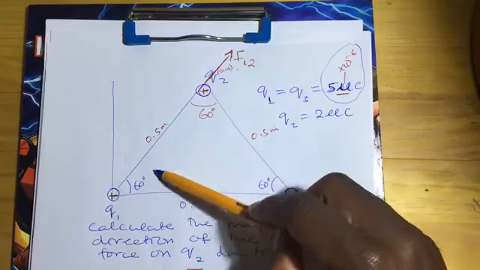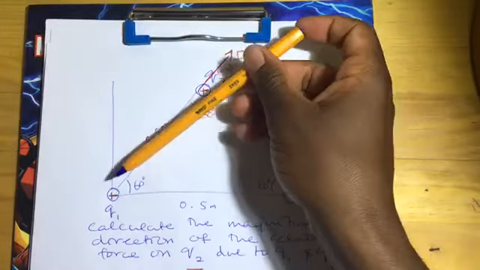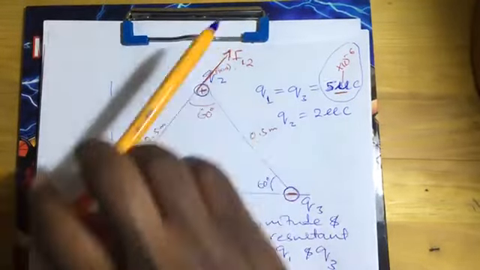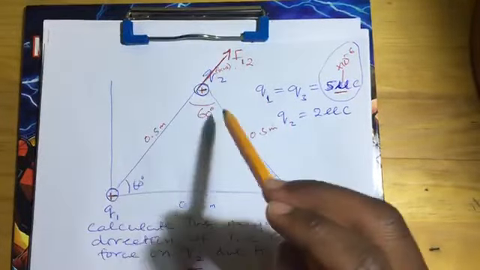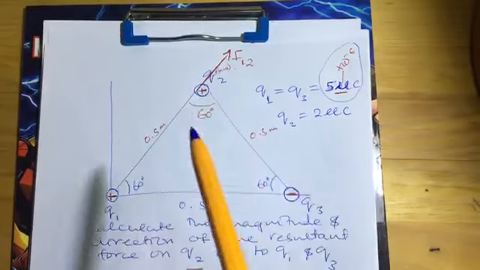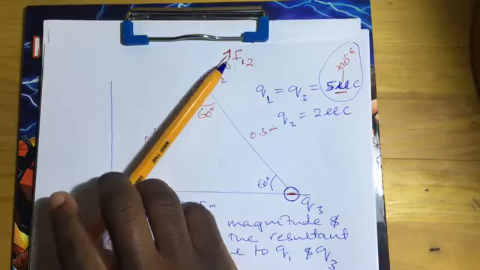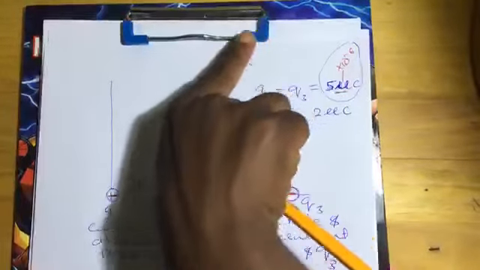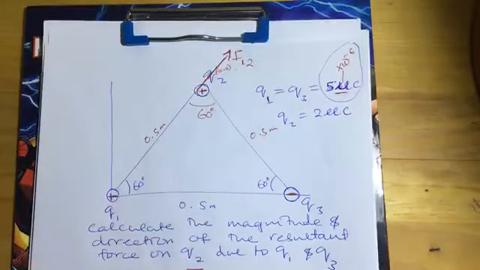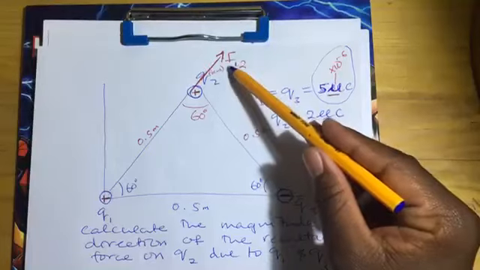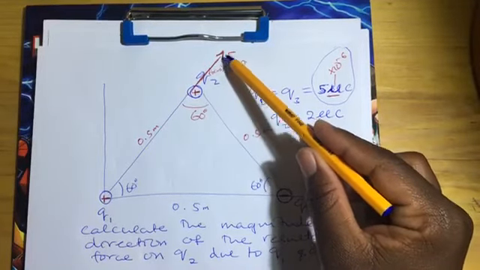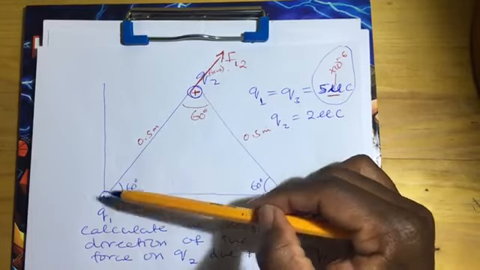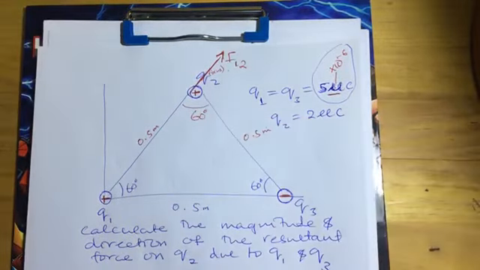If they repel, the arrow should point in this direction, away, because it is being repelled away from this one. And I'm going to name this force F12, because this force is due to charge 1 and charge 2.